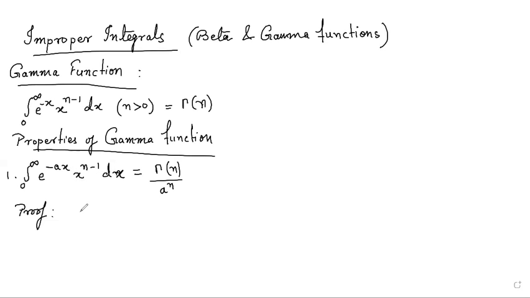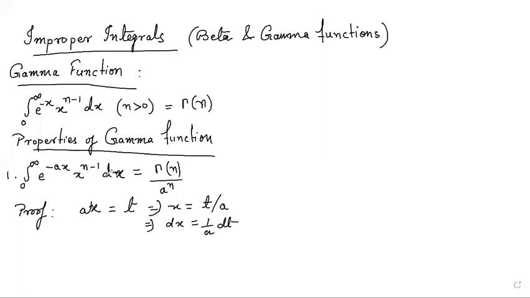So we can substitute ax equals some other variable t. Then x obviously becomes t by a, and dx becomes 1 by a dt.